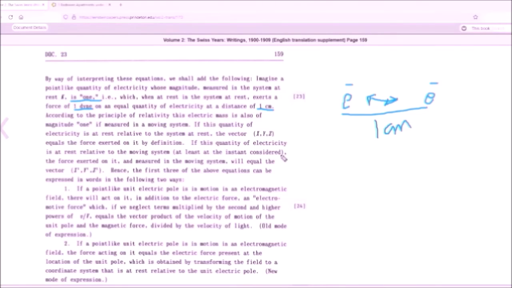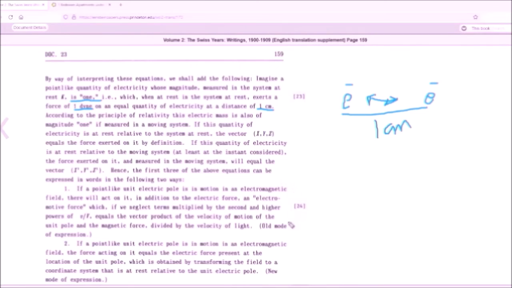The instant considered is what instant? The force exerted on it, on the charge, and measured in the moving system will equal the new vector in the frame small k of x prime, y prime, z prime. Hence, the first three of the above equations can be expressed in words in the following way.